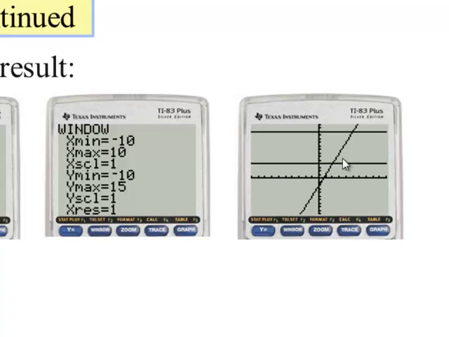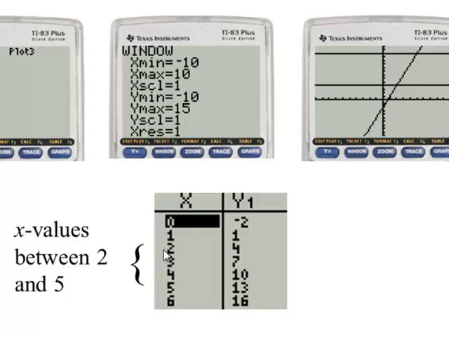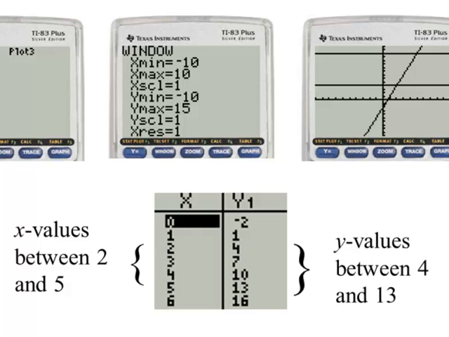So this line is y equals 4, this line is y equals 13, and this line here is 3x minus 2. If we look at the table feature, between 2 and 5 on the x-axis, we'll produce y values between 4 and 13, the original numbers in our problem.